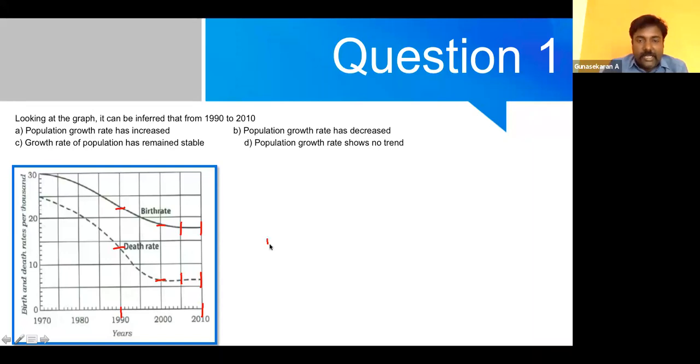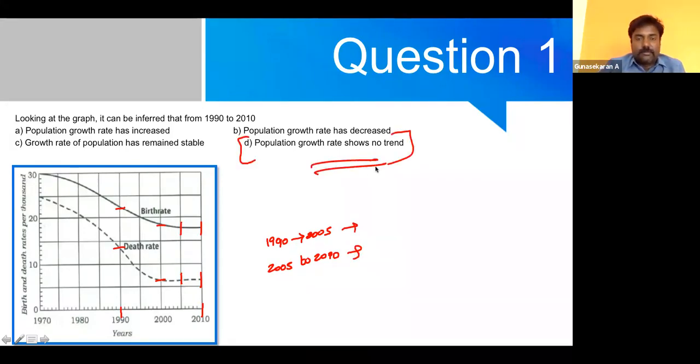So from 1990 to 2005 there is one pattern, and from 2005 to 2010 there is another pattern. So "no trend" is the answer. Growth rate is stable only from 2005 to 2010. But for 1990 to 2000, they are asking.